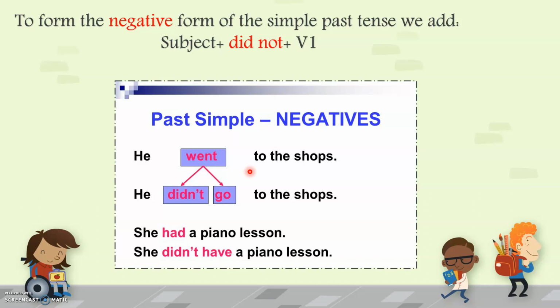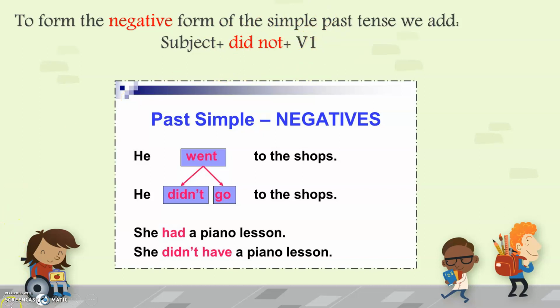Then we decide whether to add doesn't or don't, according to the subject. In the simple past tense, no matter what the subject is, we only add didn't to change the sentence into the negative form. So we only add didn't, then the base form of the verb.